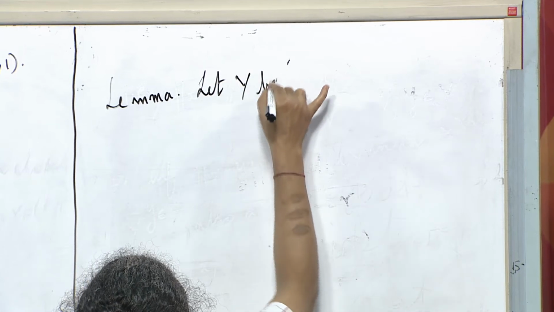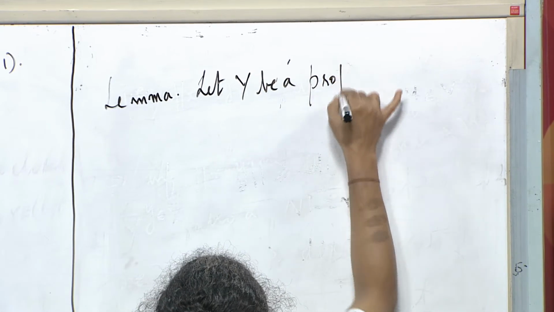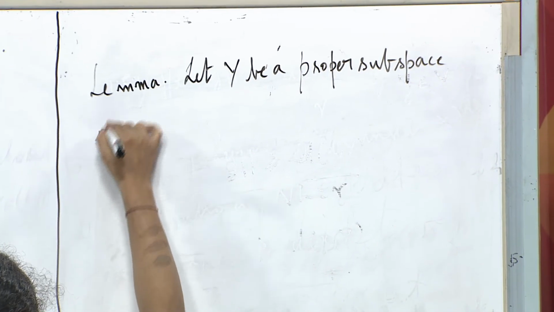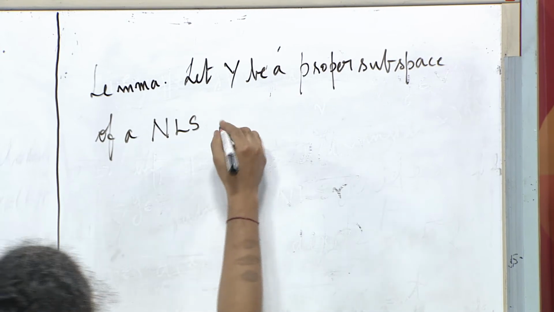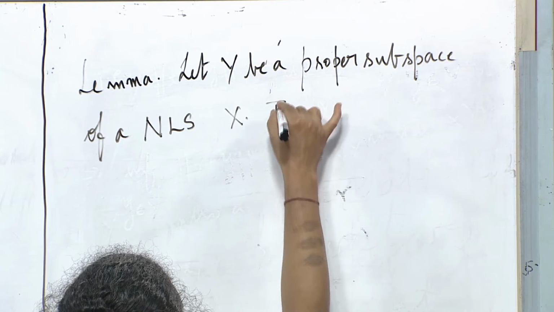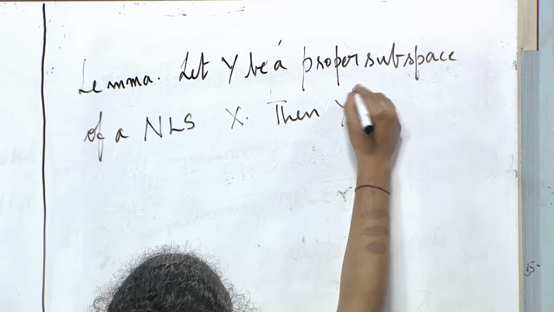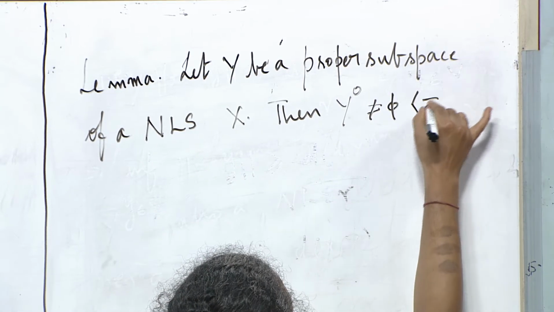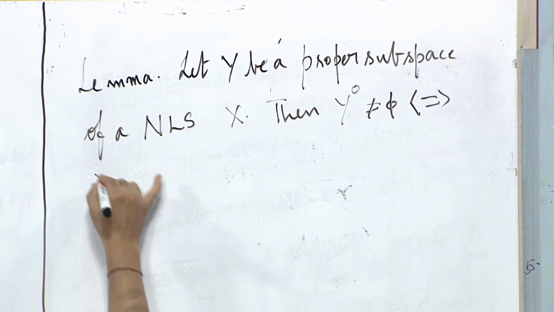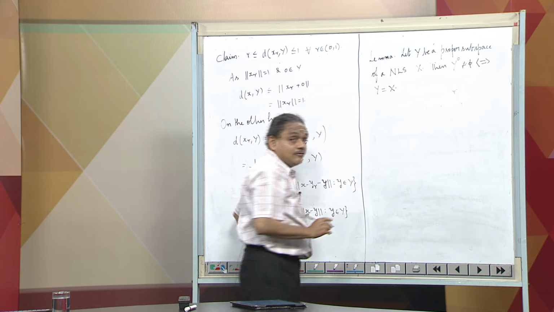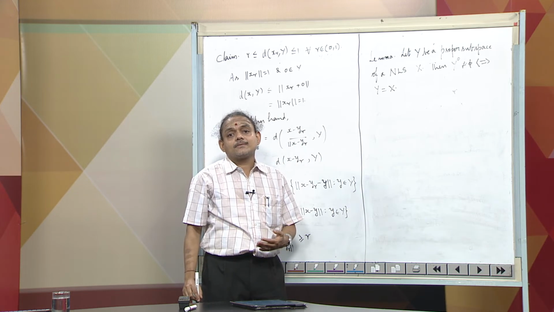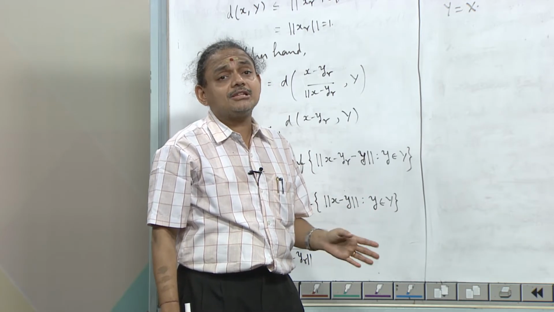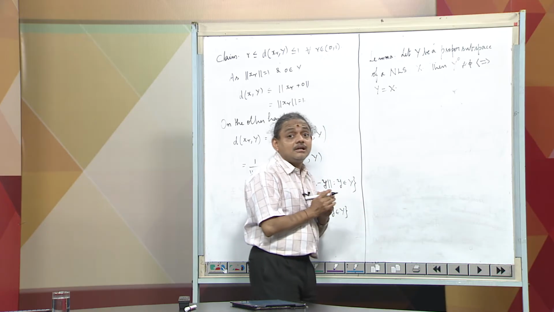Let Y be a proper subspace of a normed linear space X. Then the interior of Y, with respect to X, is non-empty if and only if Y is equal to the whole of X. Which means you cannot have a proper subspace whose interior is non-empty, unless it is the whole of X.